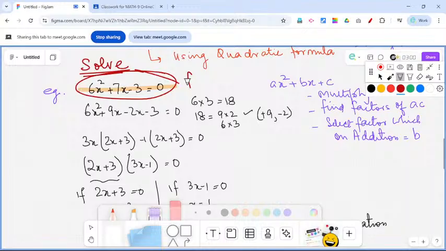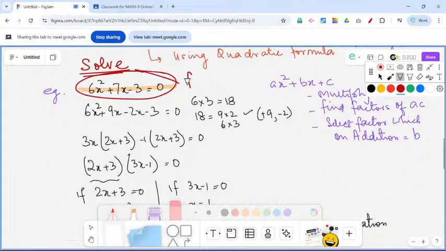So now what can I do? A and C. A is 1, C is 1, multiplied by 1.